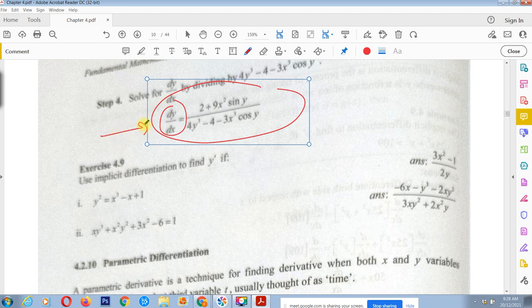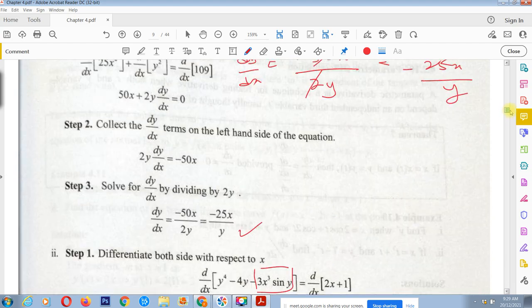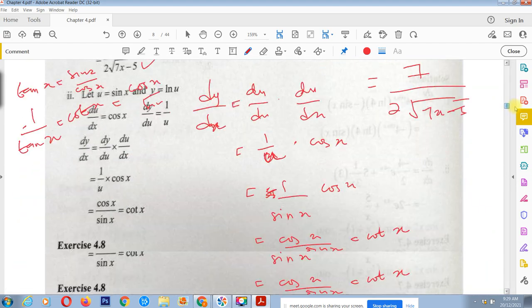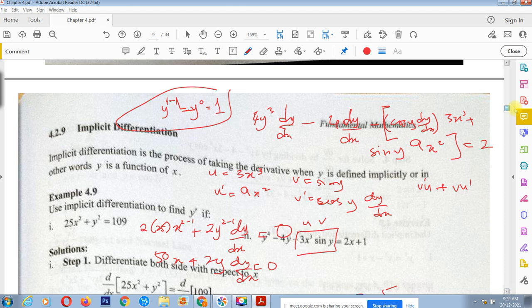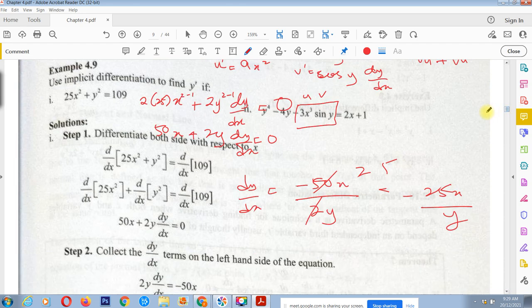Okay, so this combines product rules. Maybe combine the quotient rules. So first, just make it easy. Just identify first what you should do. Maybe how to deal with this: a product rule, a chain rule, or a quotient rule. Those are the only 3 rules that you need to be aware of.